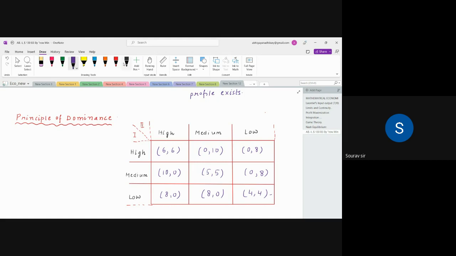Okay, so the question is that consider two firms, one and two, engaged in a price war.